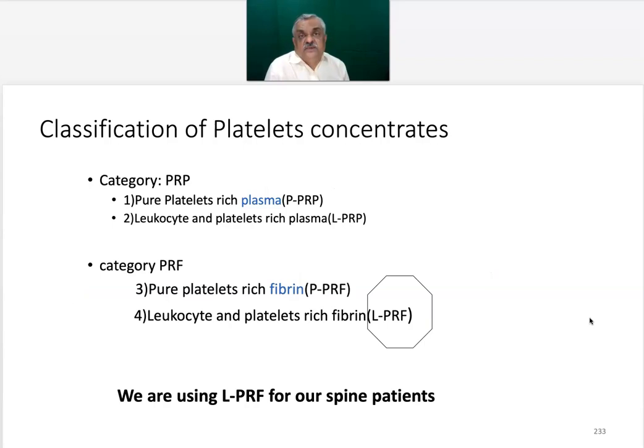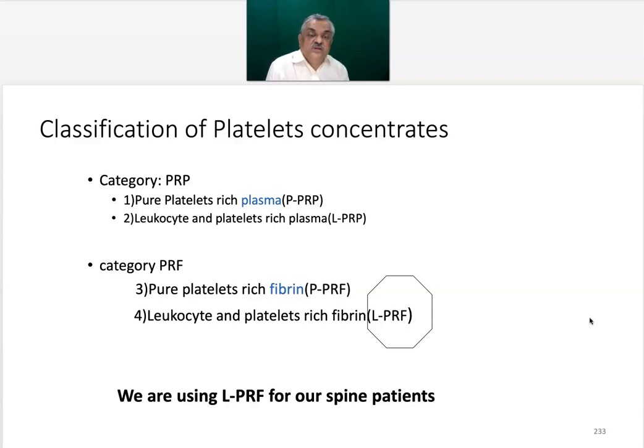Then the platelet concentrates can be broadly classified into two. One is platelet-rich plasma, which is pure platelet-rich plasma. Leukocyte and platelet-rich plasma can be called LPRP. The second is platelet-rich fibrin, pure or with leukocytes.